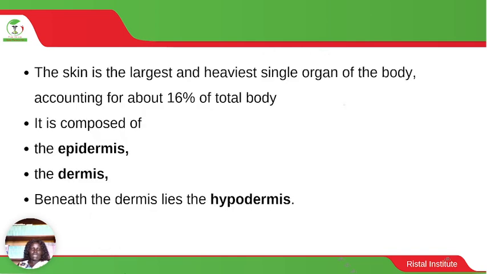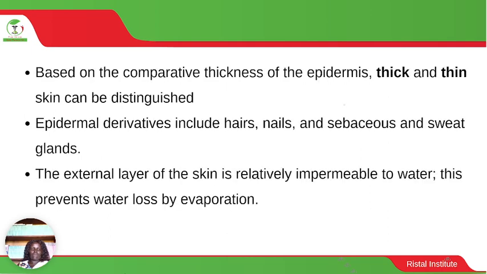The skin is the largest and heaviest single organ of the body. That is because it covers the whole body and it accounts for about 16% of total body weight. It is composed of the epidermis and the dermis. Beneath the dermis lies the hypodermis. Based on the comparative thickness of the epidermis, thick and thin skin can be distinguished.